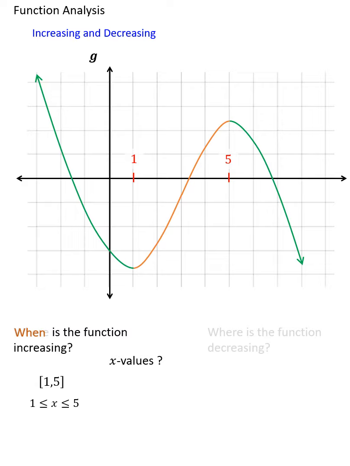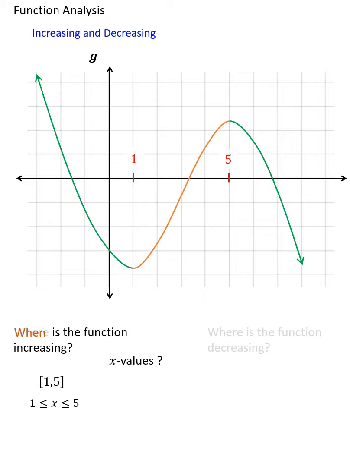Now it's also worth noting that you may be asked when the function is increasing instead of where. These are essentially the same questions. When is an interesting word. Doesn't it imply a sense of time? When is something happening? I don't know, on Saturday, between 4 and 6 p.m. These are the kinds of things we think about when we think about the word when.